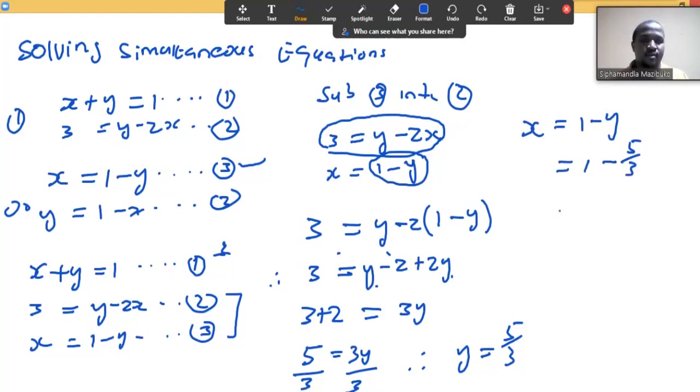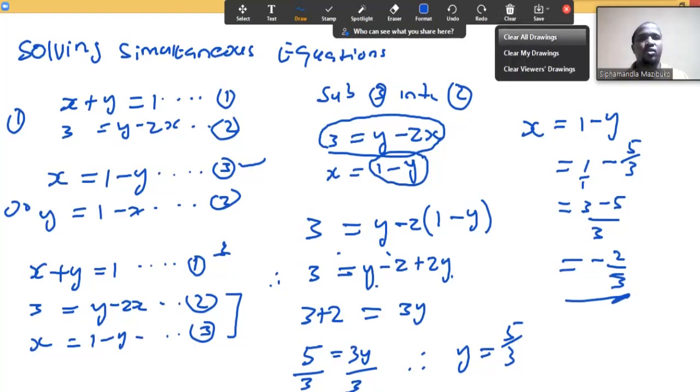So we're looking at 3 minus 5 over 3. This is nothing but minus 2 over 3, which is our x. So we're done solving simultaneous equations. This was our first example. Let's look at the second example.